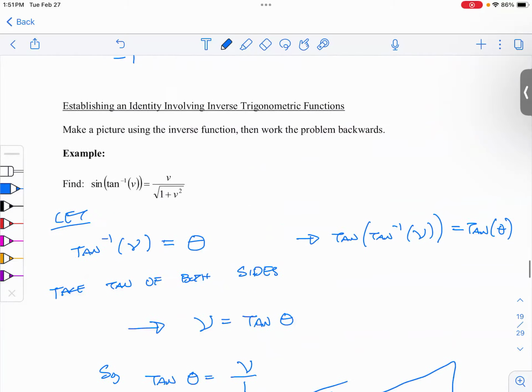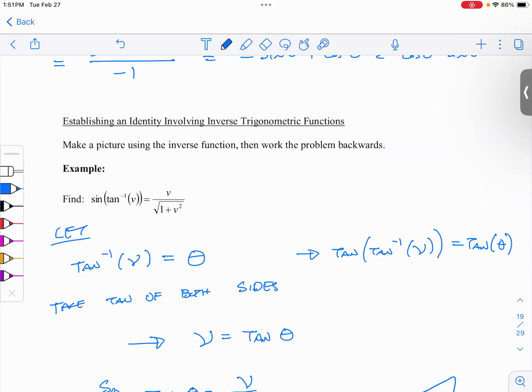And is that what we were trying to get? Establishing identities is actually fantastic because I know the answer. Here's the question, here's the answer, or vice versa. The difference is, and my point here, going from the right side on this one is impossible. There's no way that I could get back to this. The more complicated side is going to be the side with the inverse.